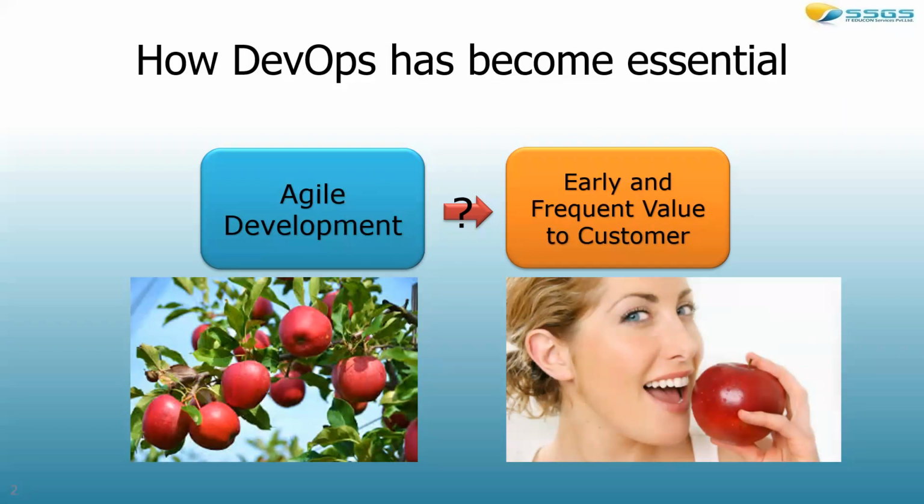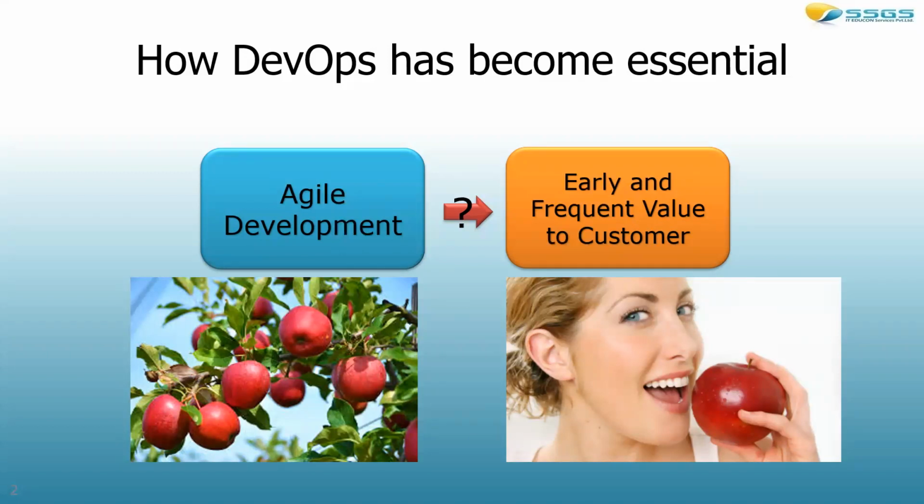So there is a gap between the orchard and the mouth of the customer, and that gap has to be filled by a delivery mechanism. That delivery mechanism takes the apple from the orchard and delivers it to the customer so that she can enjoy the fruit. So that's the point with agile development, which happens very frequently and rapidly, but the software does not get delivered to the customer that rapidly.